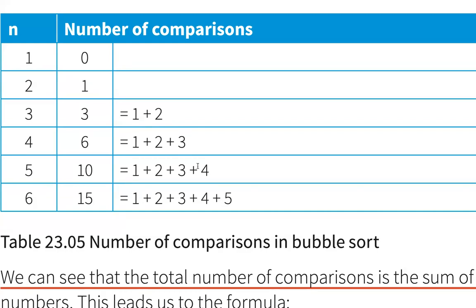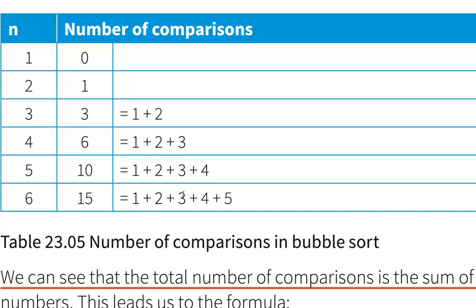Now, if you remember in bubble sort, after a pass is completed, my last element is assumed to have reached its destined position. In which case, in the next pass, I will not be considering this last element as part of my array because it's already sorted. So that's why in the next pass, I have n minus 1 elements to compare.